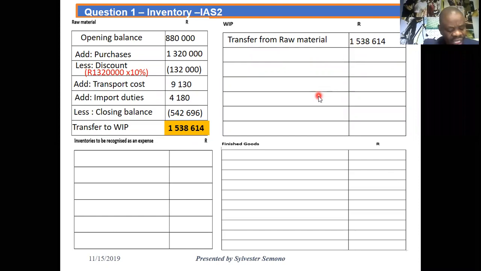And then if you check the information about the work in progress, we did incur the labor cost, but firstly we've got the balance at the beginning, like we did under the inventory. We need to put that balance at the beginning, okay? And thereafter, we need to add the labor that we incurred.